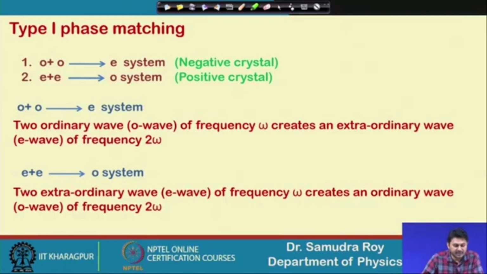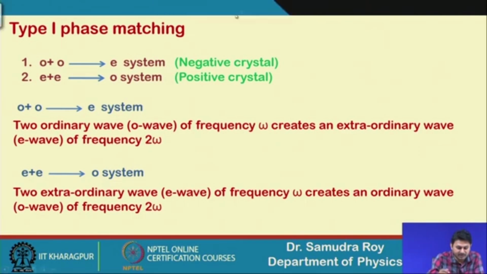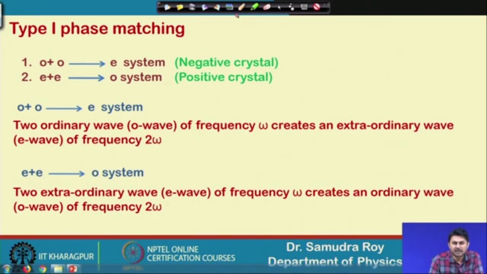Okay, now the next thing is type 1 and type 2 phase matching. So far we are dealing with the phase matching for generation. So, let us write these things clearly. In type 1 phase matching, two systems are possible as shown. For a negative crystal, two ordinary rays can generate one extraordinary ray.